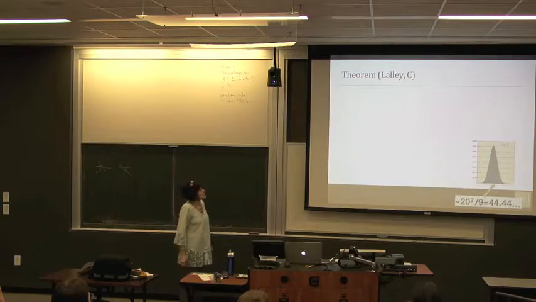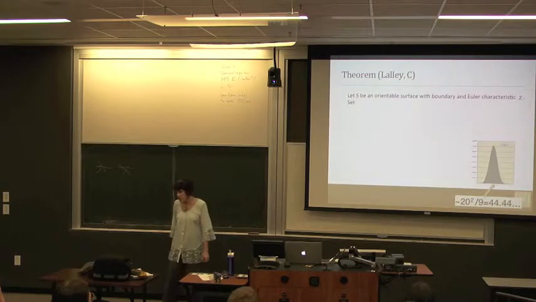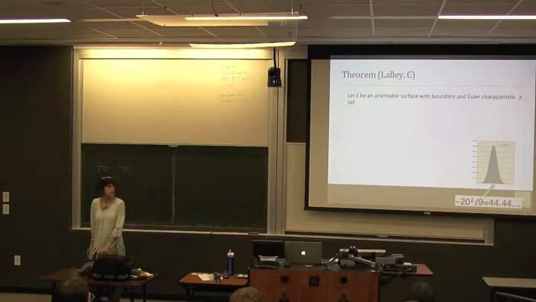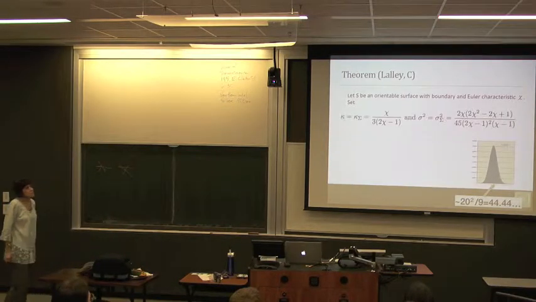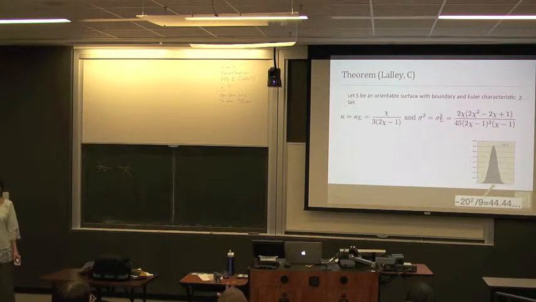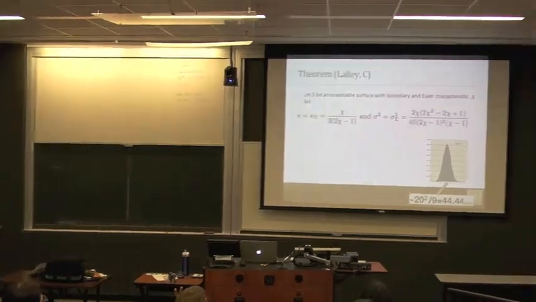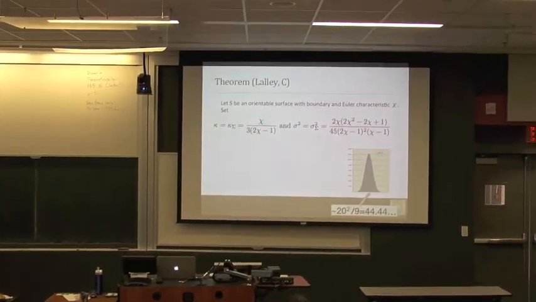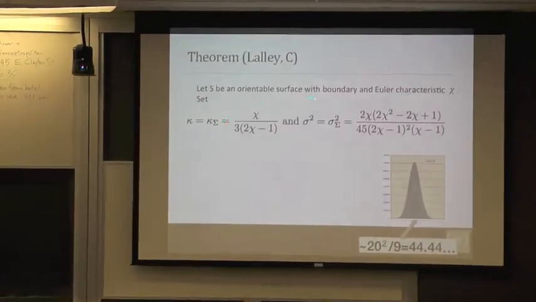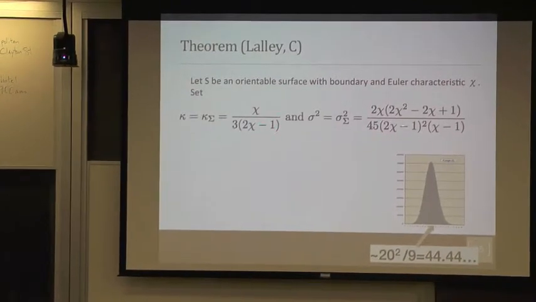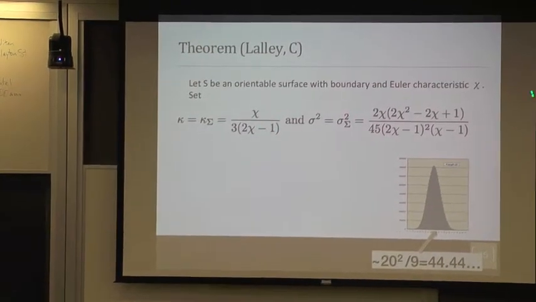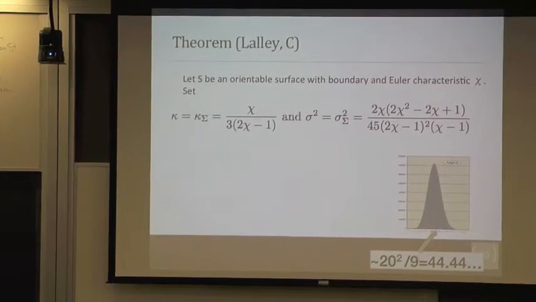So this is the theorem. We have a surface with boundary and negative Euler characteristic, and we have two constants that depend on the Euler characteristic. You'll notice that when I plug in -1, here I should get 9, and here I'm going to get 1 divided by 18.